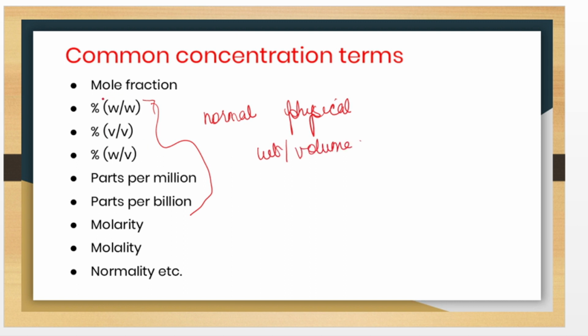But because we are studying chemistry and we did moles, and the mole is a better way of representation in chemistry, if you are a chemist and you want to be very specific, we use other concentration terms like mole fraction, molarity, molality, normality, in which the major factor of expression is moles.